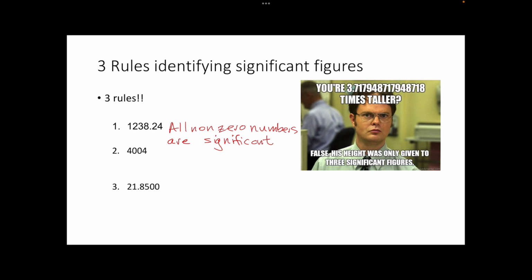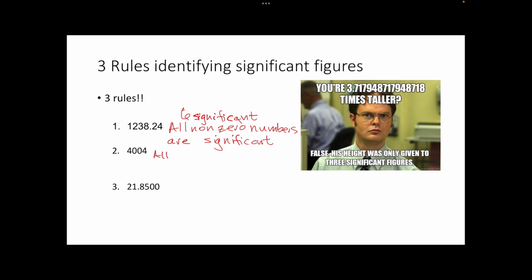For number 1, we have 1,238.24. So how many non-zero numbers are there? There's 1, 2, 3, 4, 5, 6. So this has 6 significant figures.